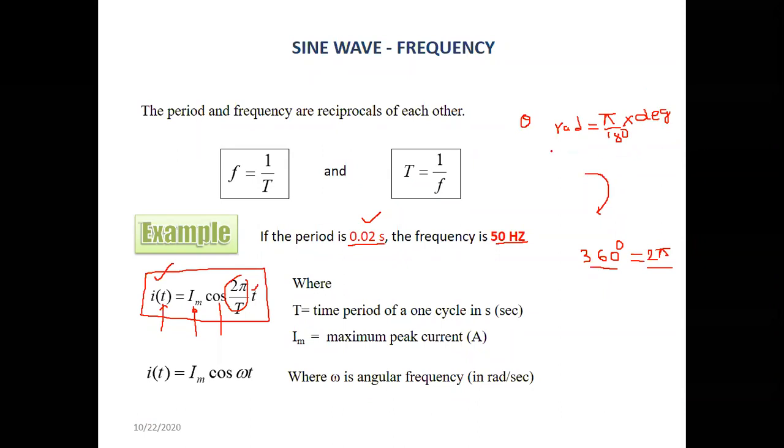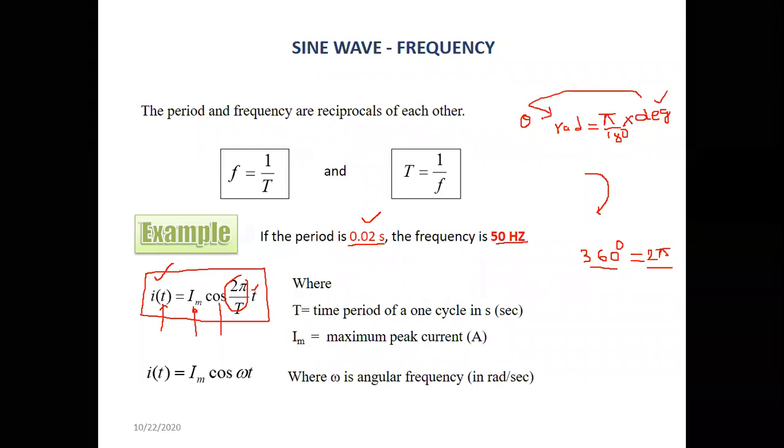We'll utilize the calculator a lot when you go for AC waveforms. I'll record those videos on how to convert radians to degrees, how to keep your calculator in degrees mode, and how to convert degrees mode to radians mode. So radians is equal to pi by 180 into degrees, or degrees is equal to 180 by pi into radians.